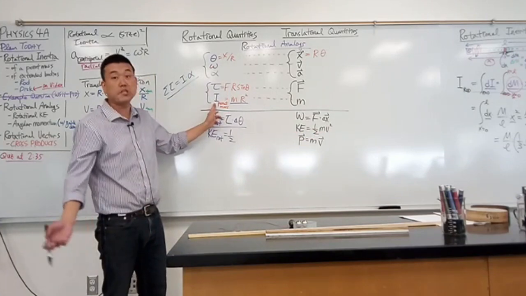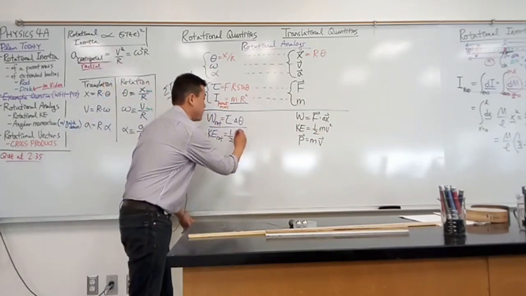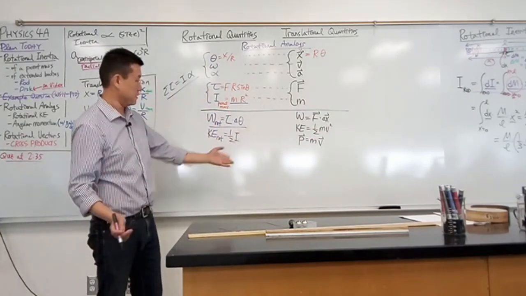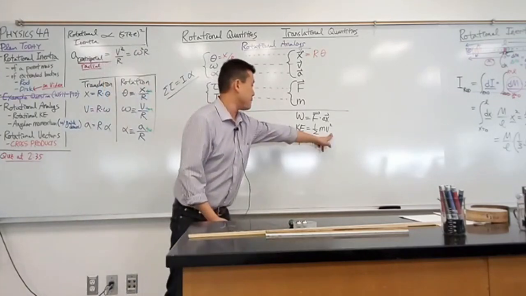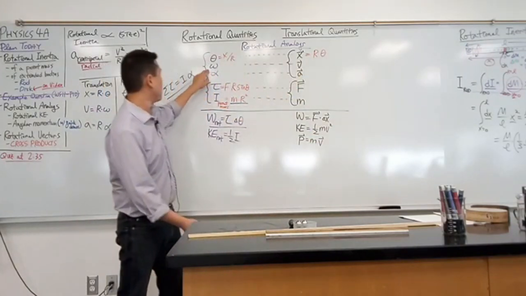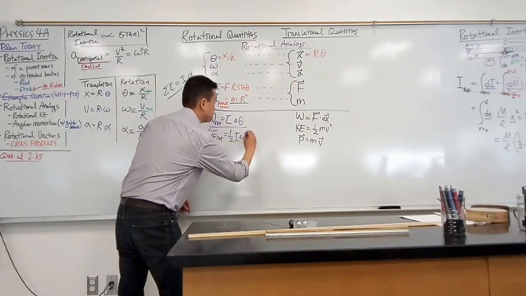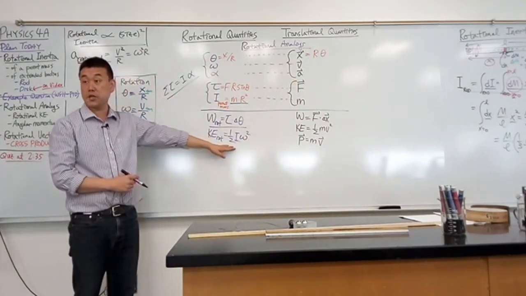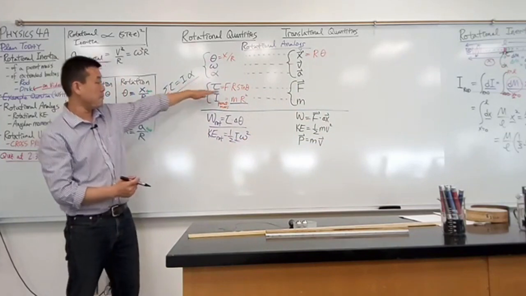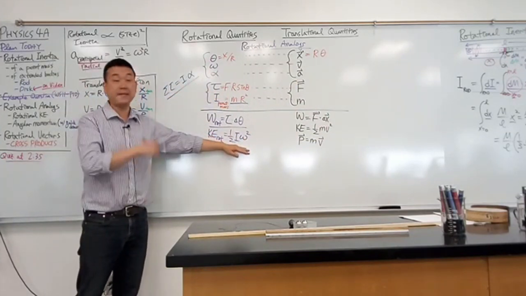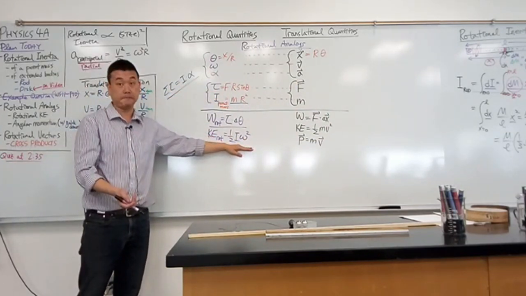That's going to depend on what geometry you have. So let me just write it down as I. To fix down what it is, I have to know the geometry. Times v, so angular velocity squared. So this is the formula for rotational kinetic energy. And because we went through this trouble, by design, this is guaranteed to be correct.